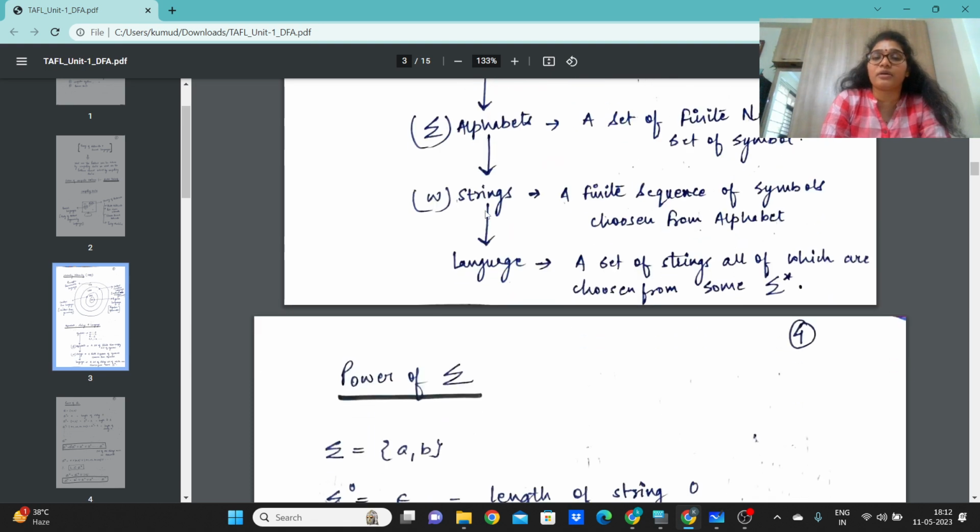Now after strings we have language. A language is a set of strings, all of which are chosen from the power of the alphabet.